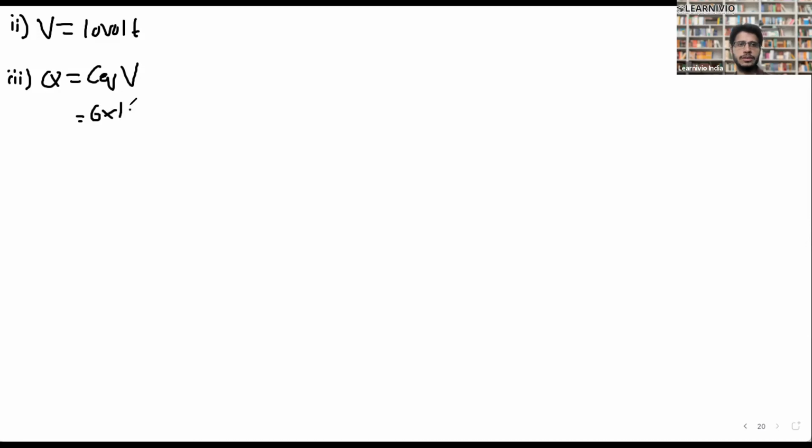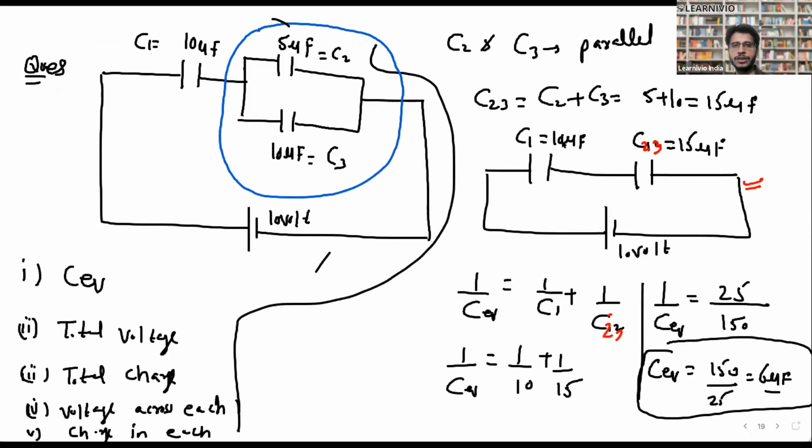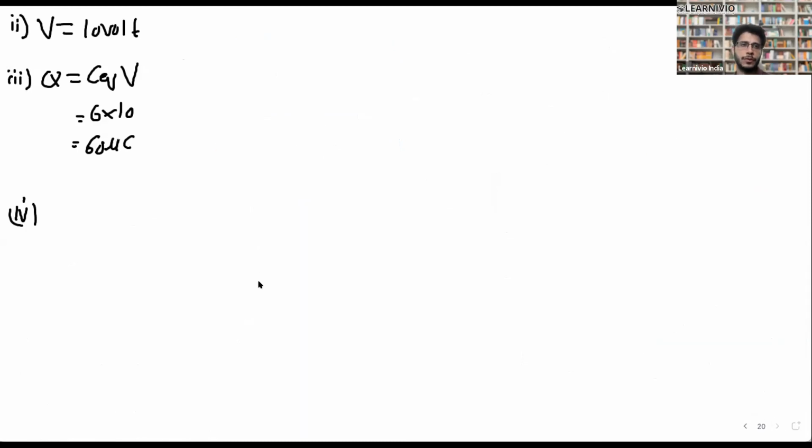Total voltage is 10. So that's 60 microcoulomb. In the fourth part, I need voltage across each. Let's solve this circuit. In this circuit, charge stored in both the capacitors would be same, right? They are connected in series. So Q1 and Q23 will be same. You can say that Q1, Q23 is equal to total charge, which is equal to 60 microcoulomb.